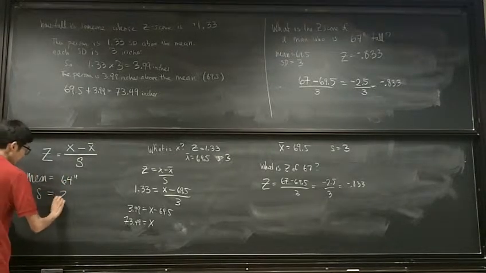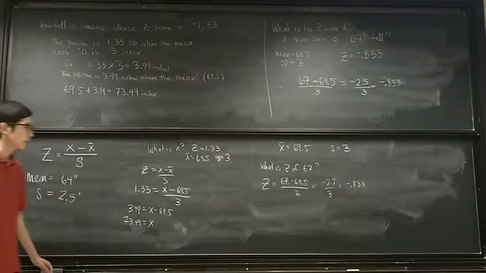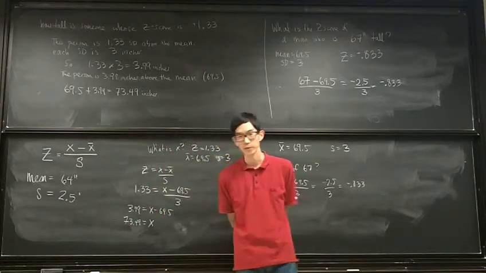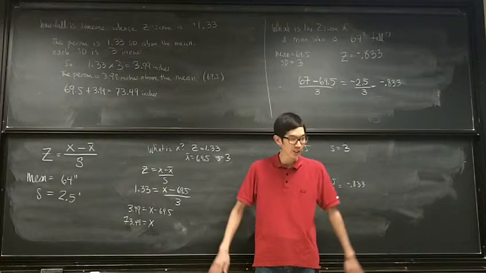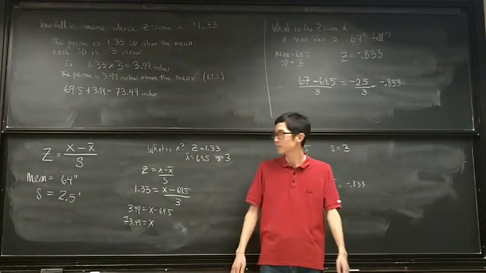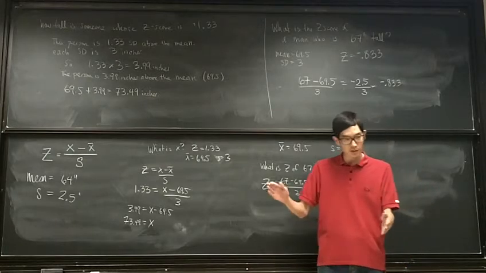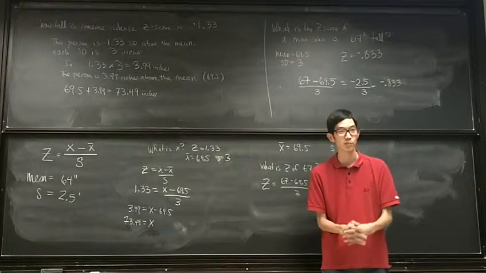Standard deviation, 2.5 inches. How tall is a woman whose z-score is positive 1? Just think of it in your head, or write it down on your paper. Okay. If the z-score is 1, she is 66.5 inches.